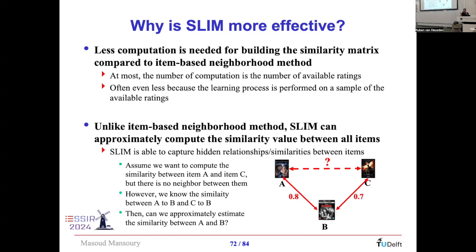So the cases that, for example, item-based neighborhood model fails to compute the similarity between two items, SLIM might be effective.